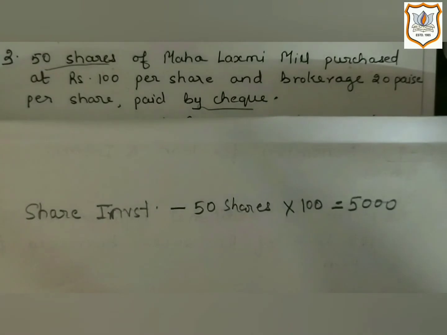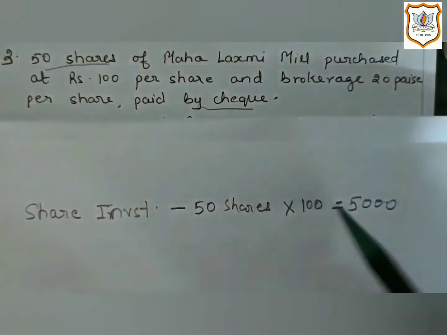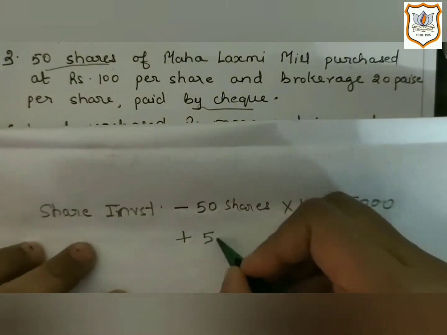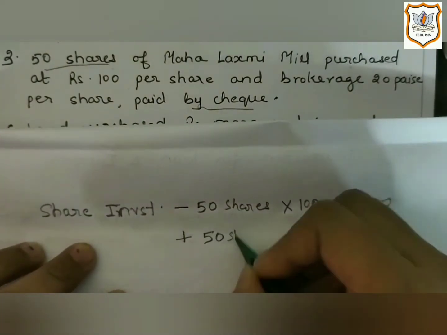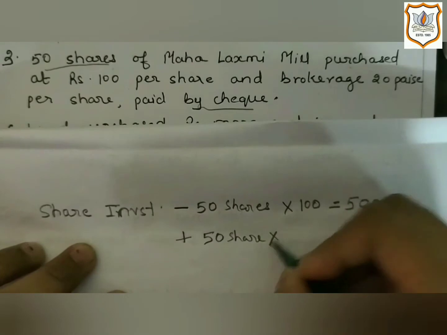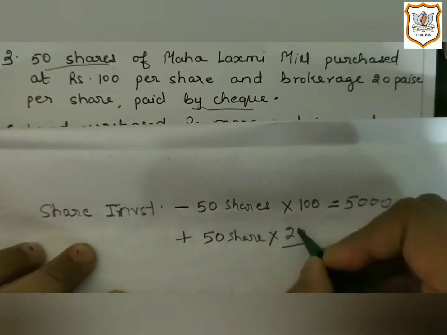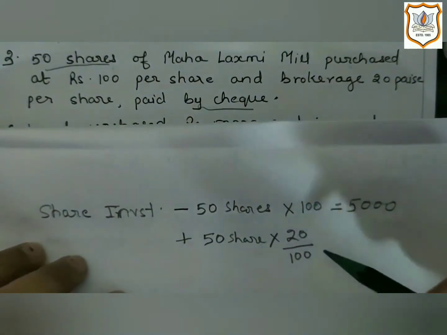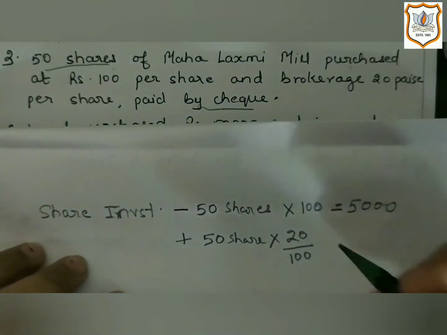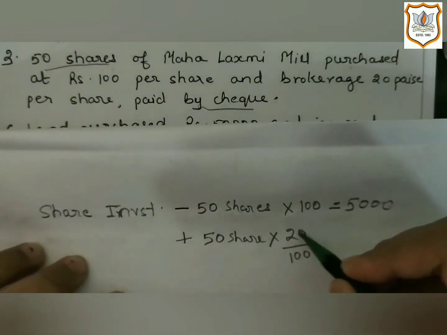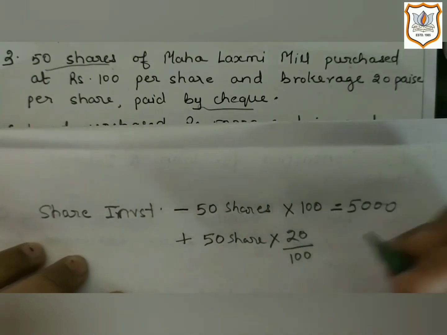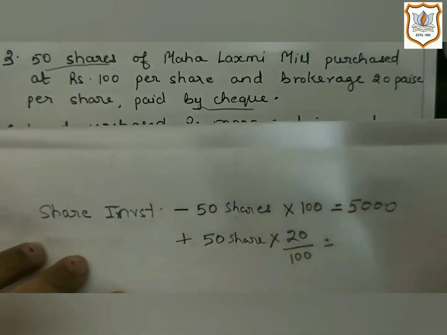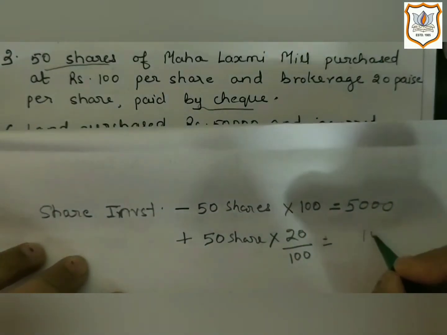So how much he would have paid for 50 shares? So here we will write plus 50 shares multiply by 20 upon 100. As we know, there are 100 paise in 1 rupee. That's why we will write 20 upon 100 to convert it in rupee. So we will get 10.